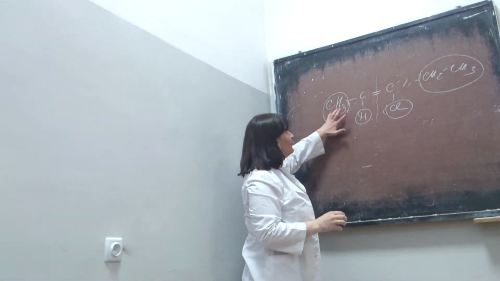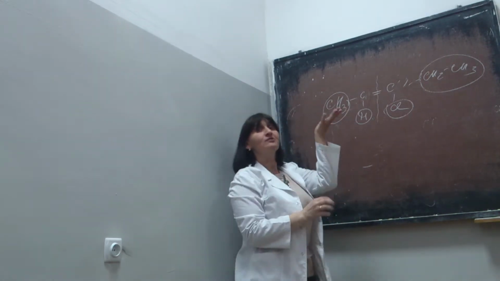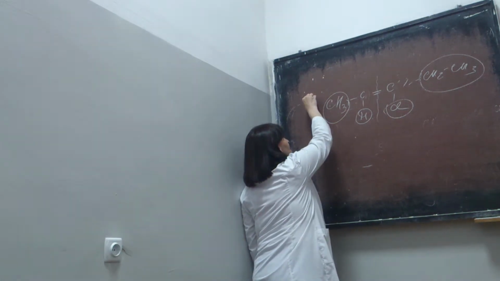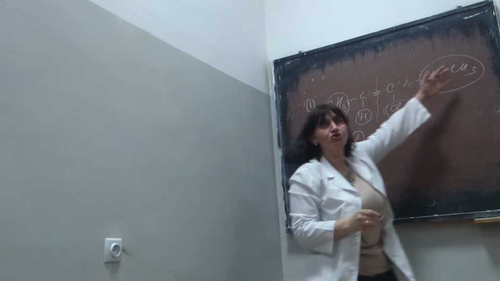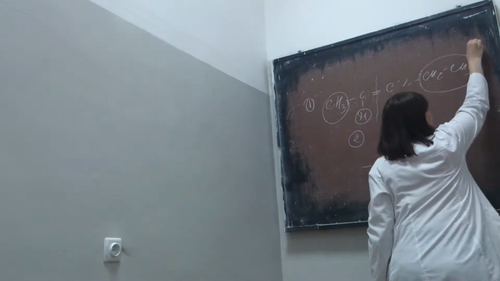You have two substituents, CH3 and H. Which one has higher priority? This is number 1, this is number 2. Now what about these two groups? This is number 1 and this is number 2.